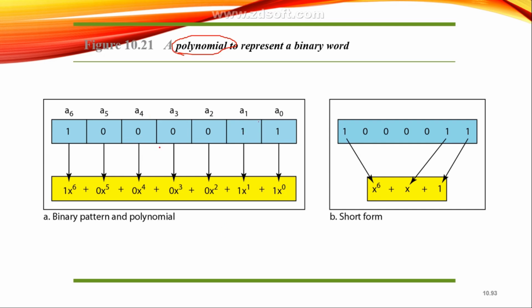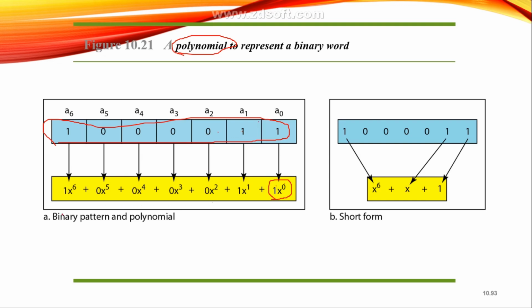The power of each term is x raised to 0, x raised to 1, x raised to 2, x raised to 3 and so on. The power of each term shows the position of each bit, and the coefficients show the value of the bit.